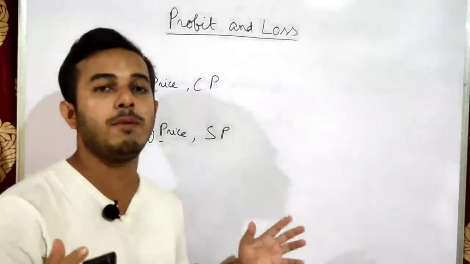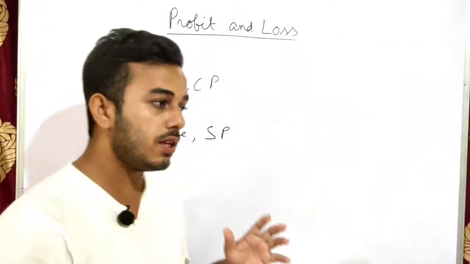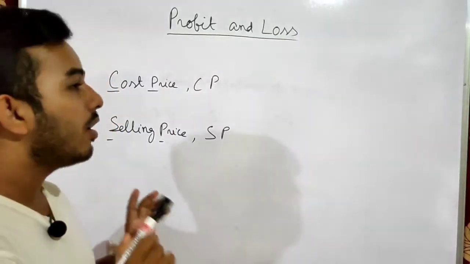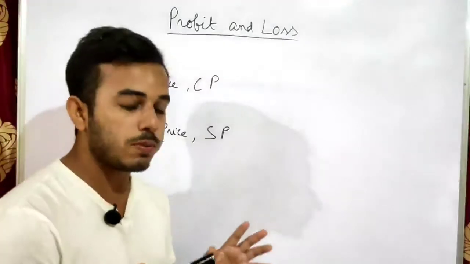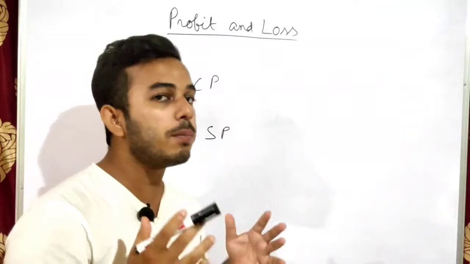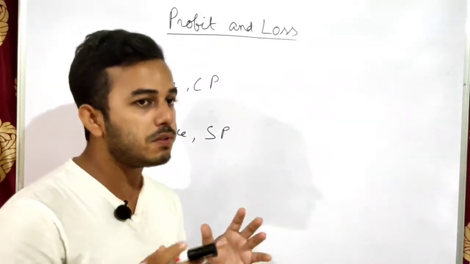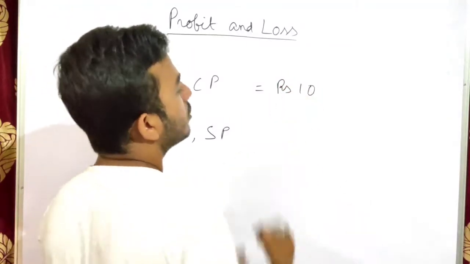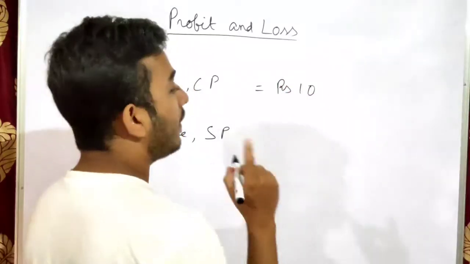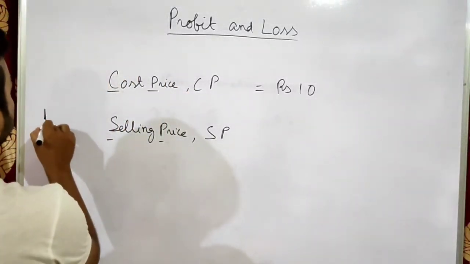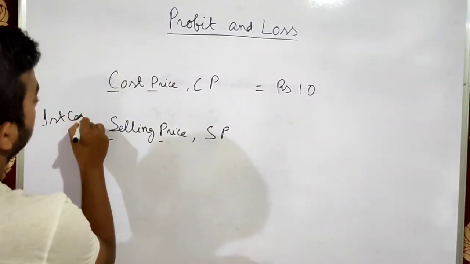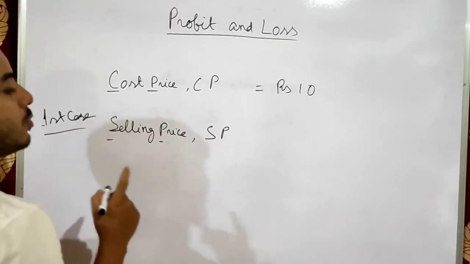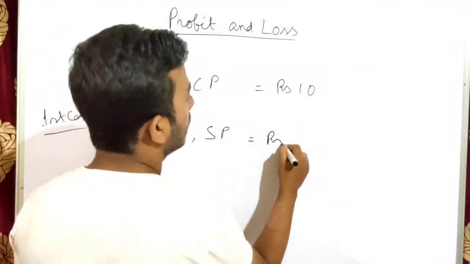Now when will we have profit? Let us take the example of that pen. Cost price of the pen means with how much rupees I bought the pen. I bought the pen for rupees 10, so let's write here rupees 10. And in the first case, the selling price SP of the pen is rupees 12.